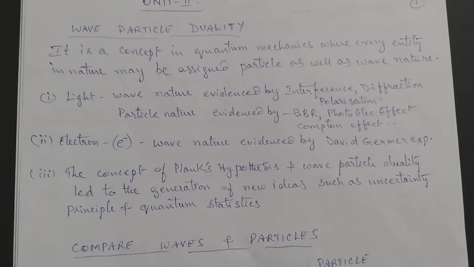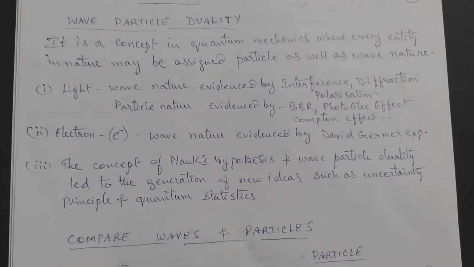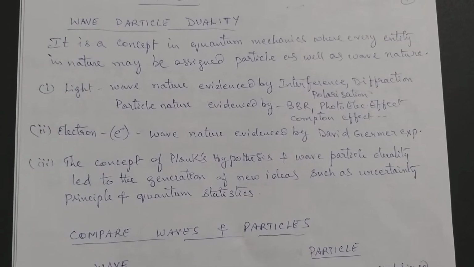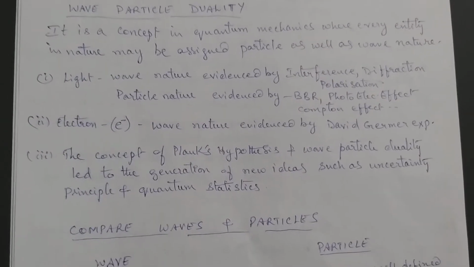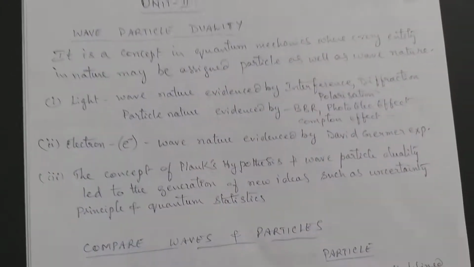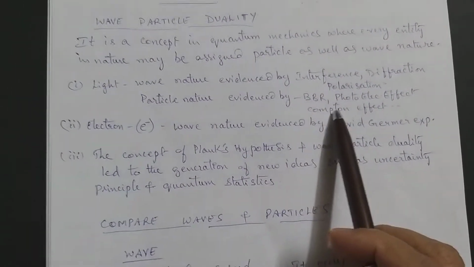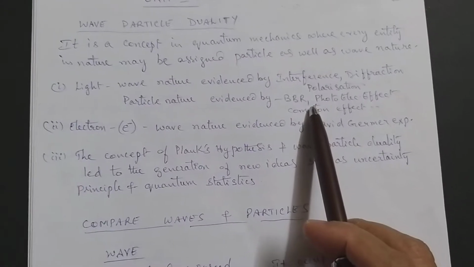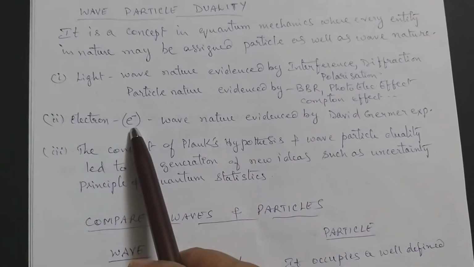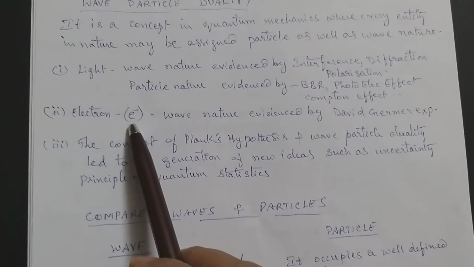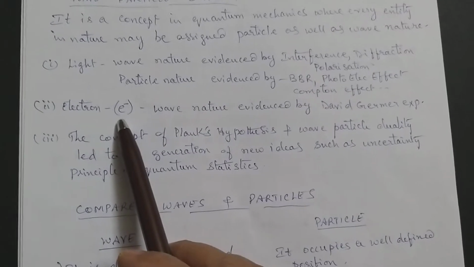And remember, it was the starting of the 19th century. Up till then, interference, diffraction, polarization supported the wave nature of light, and the black body radiation, photoelectric effect, and the Compton effect, etc. I have written already that is supporting the particle nature of light. Similarly, we have known electron as a particle with a negative charge, very small mass, but it has some mass greater than photon.